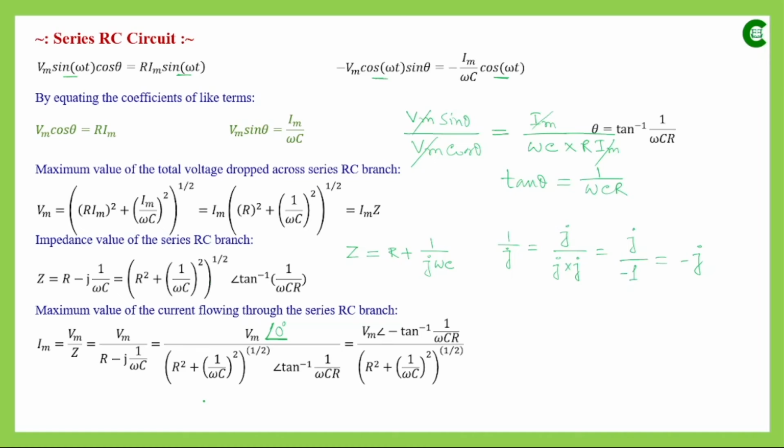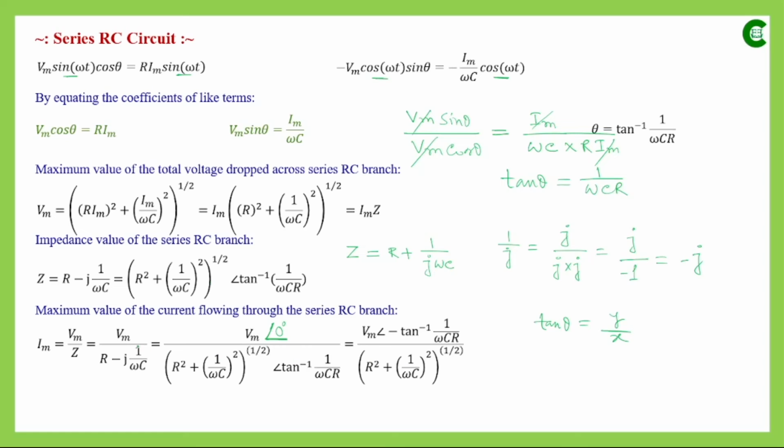Now till now we took the voltage as reference, and with respect to that we represented current. Now here to get the theta value, this is coming from this relationship. We know that tan theta is y by x.